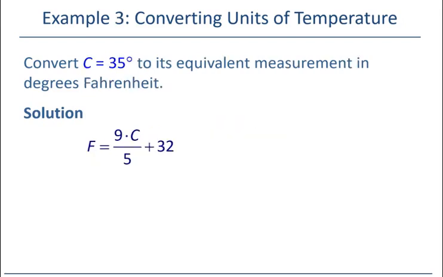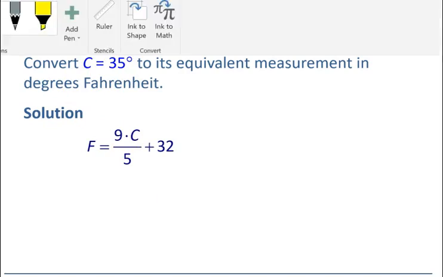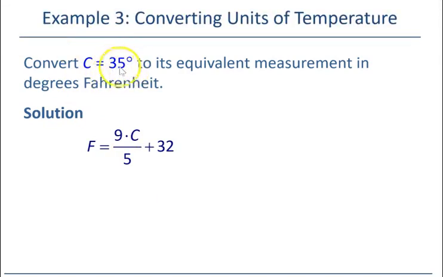So let's look at another one here. We're going to convert 35 degrees Celsius to its equivalent measure in degrees Fahrenheit. Let me grab my pen. Let's take this 35 and put it into the formula. We're going to have F equals 9 times 35 all over 5 plus 32.